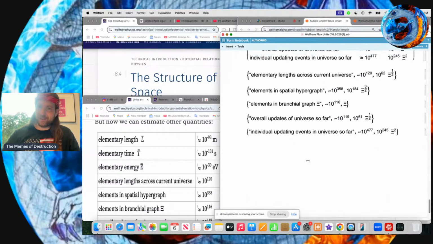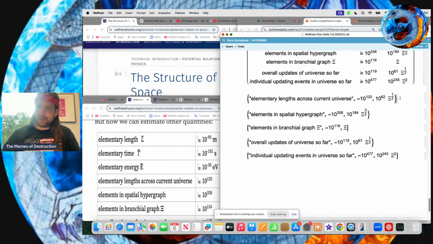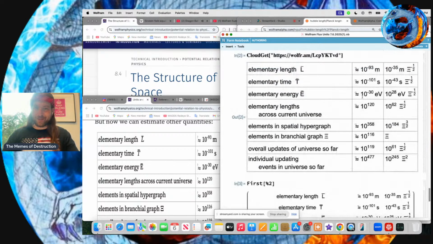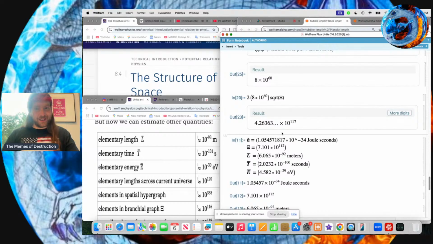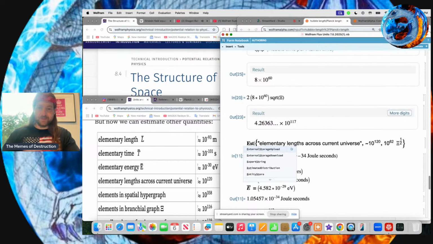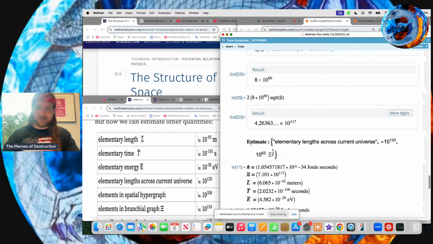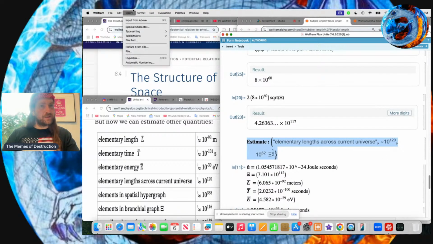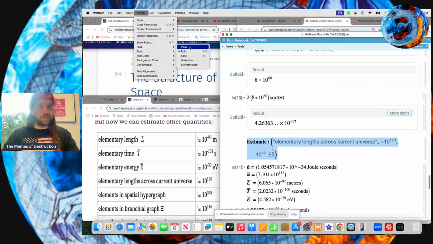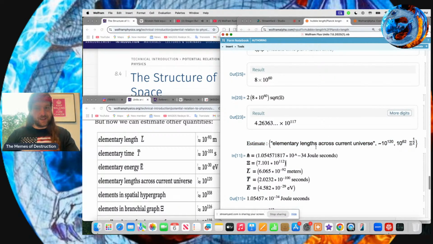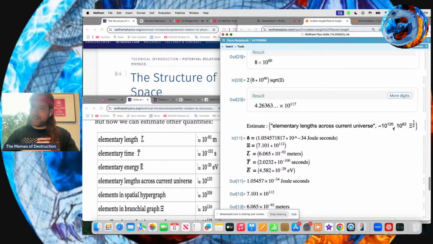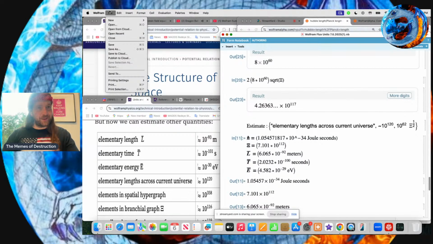Across current universe. Okay, we fixed that stuff because there was also a little squiggly in there, like a little question mark thingy. Estimate. Okay, so yeah, we're about 3 orders of magnitude off, because they're putting that in there. Okay, file, save. Oh, we should do save as, shouldn't we?